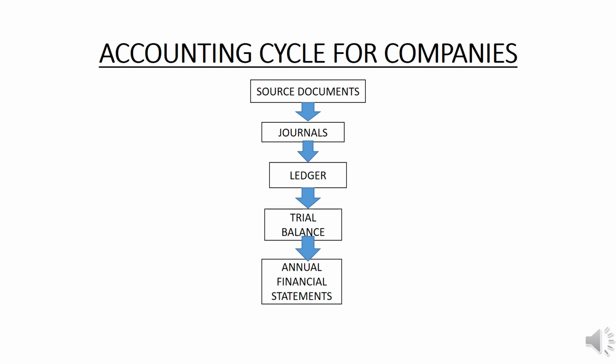It means that we are trying to determine whether our company is profitable or not, not necessarily determining how much money we have in our bank account, because if we wanted to do that, we would also need to do your cash payment journals, cash receipt journals, and your bank reconciliation statement. That would give us a detailed and accurate balance of our bank account.